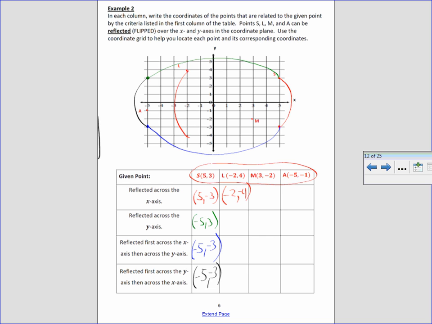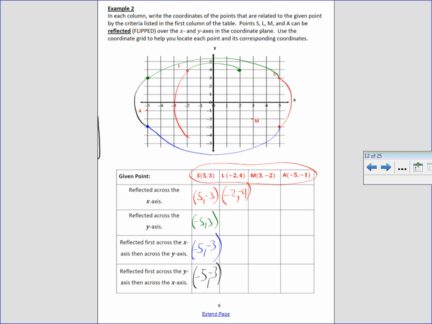Now you go back to the original point L, and now we're going to do it across the Y. What quadrant do you wind up in? So if you can get the quadrant, you'll get your coordinates. What are my coordinates?